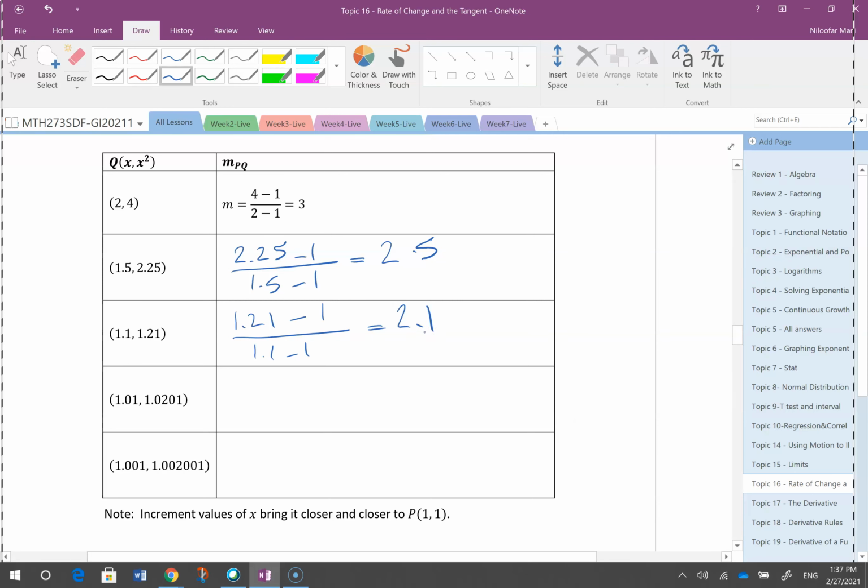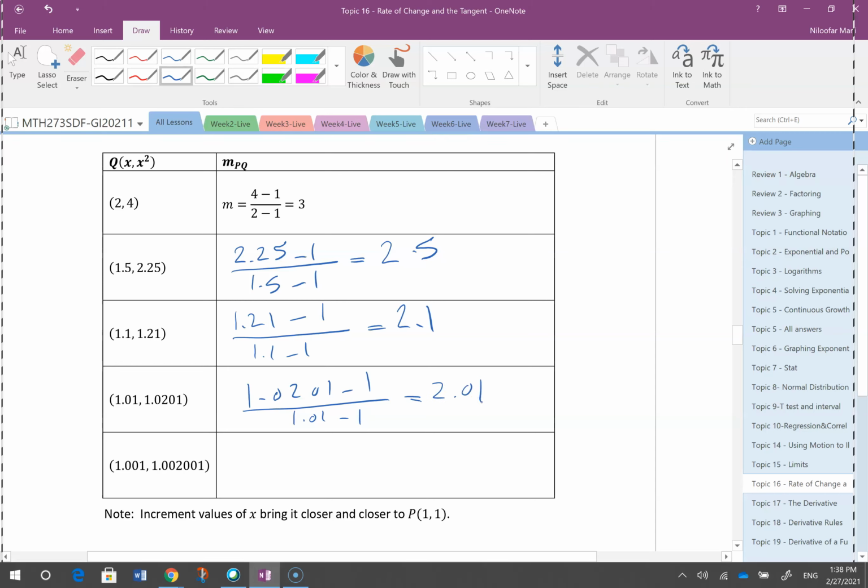It is 1.0201 minus 1 divided by 1.01 minus 1, which is 2.01.